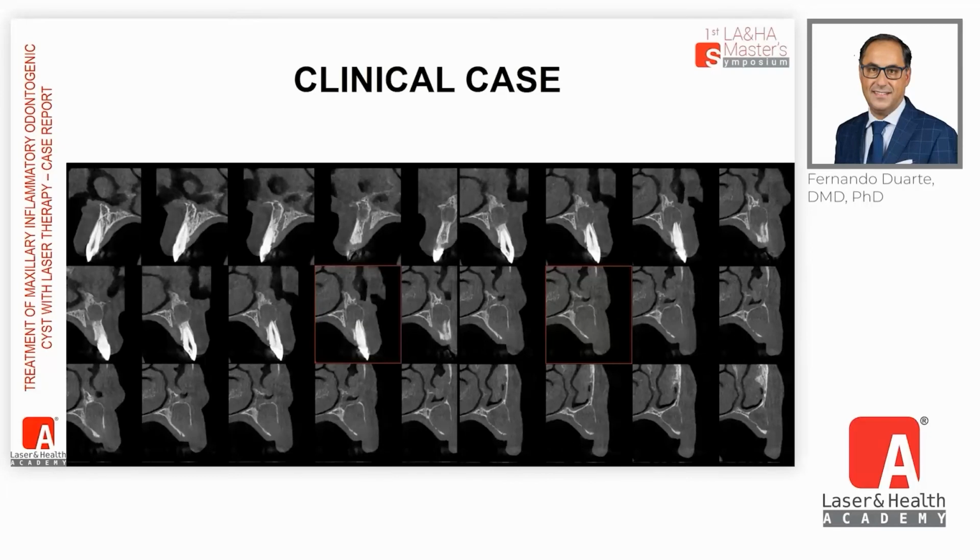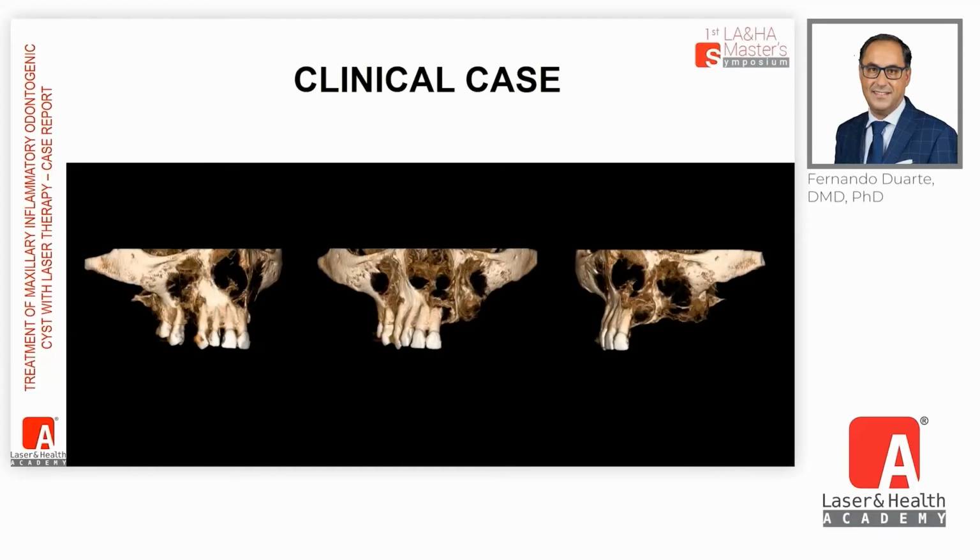Now, when we go to the tomographic cuts, you will see that the teeth involved are also in close relation with the cyst. And in the 3D reconstruction perspective, we can see the size of the cyst, the anatomic position, and also the anatomic structures involved.